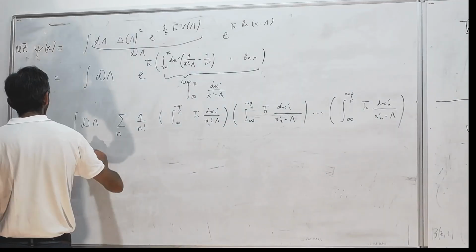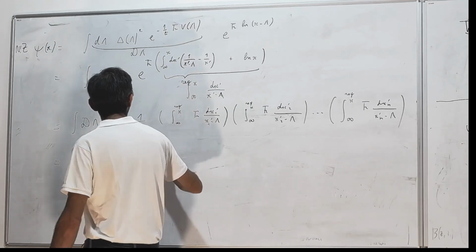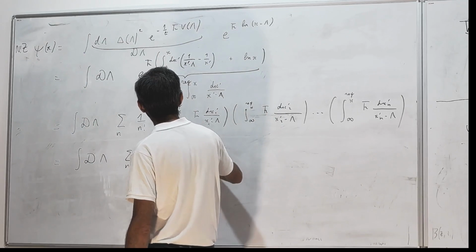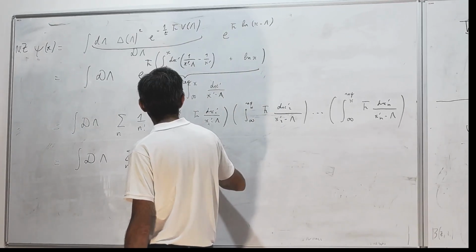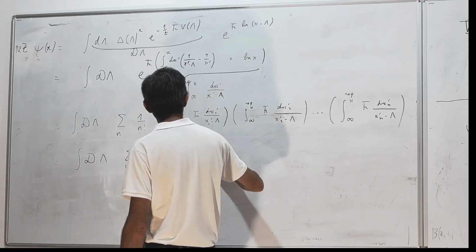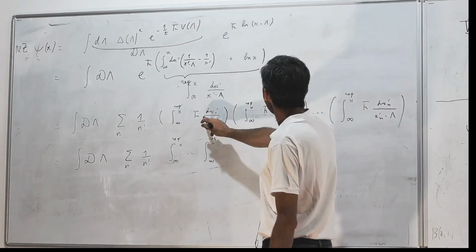Which is integral over d lambda, sum over n, 1 over n factorial. Let me write it in this way, integral over x reg, and you see you have this product of traces.